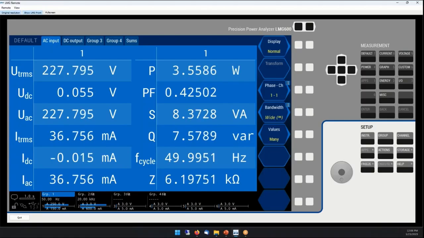The second question is how does the LMG 671 work for charging and discharging of batteries, lithium-ion batteries? Yes, it depends on what you want to measure. With a power analyzer, the best thing you can do, first of all, is measure the efficiency of the cycle.